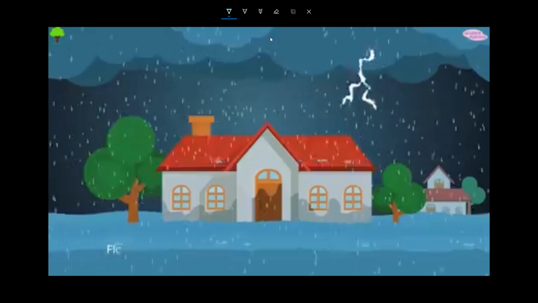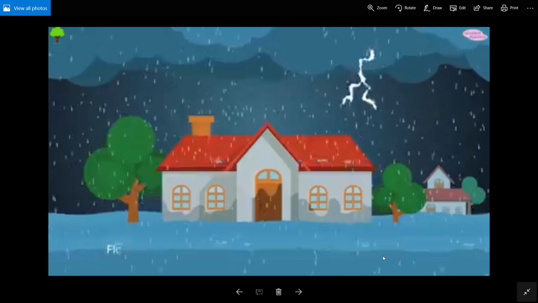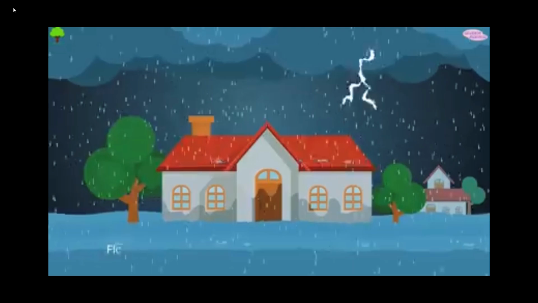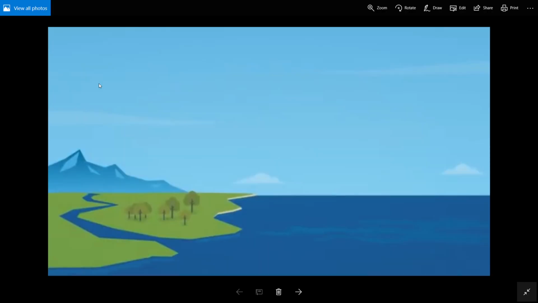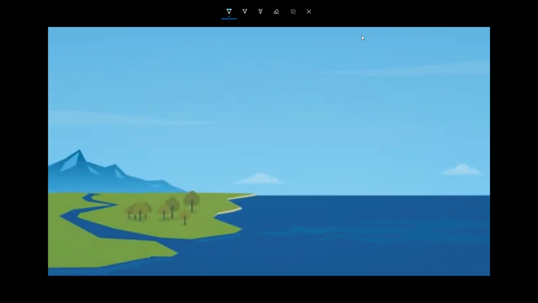Whatever level is low always gets flooded. If water streams from this area to this area, and this area is lower, the water travels like this and makes this entire area flooded if this altitude is lower.